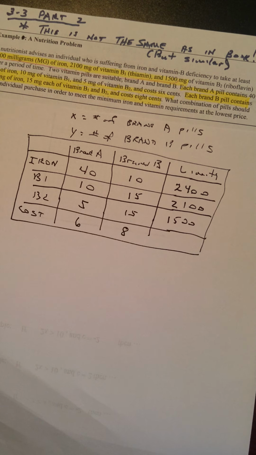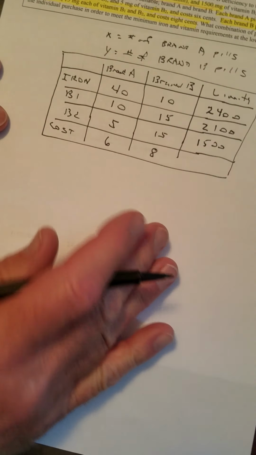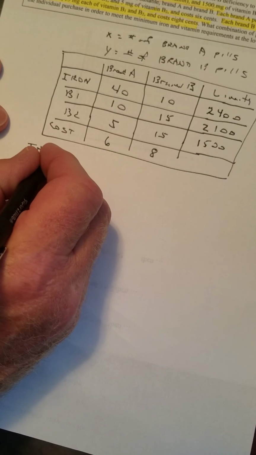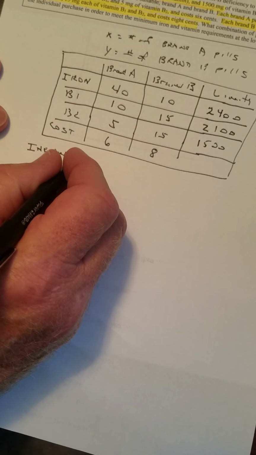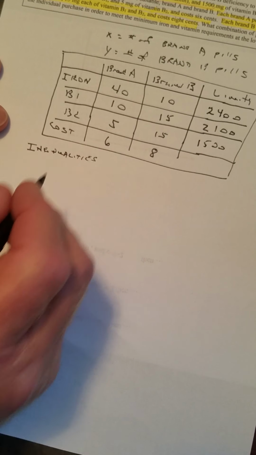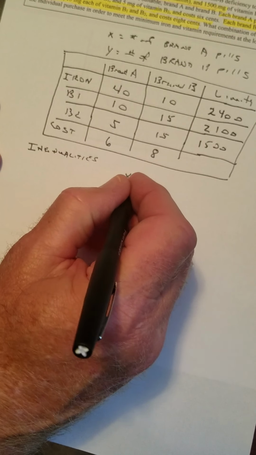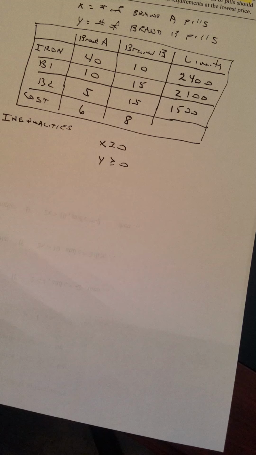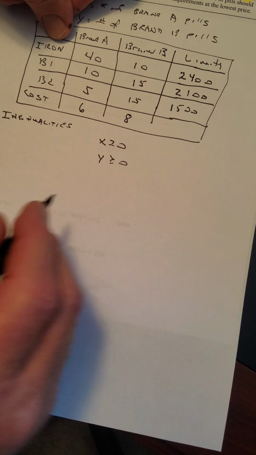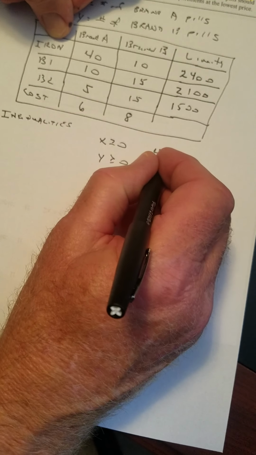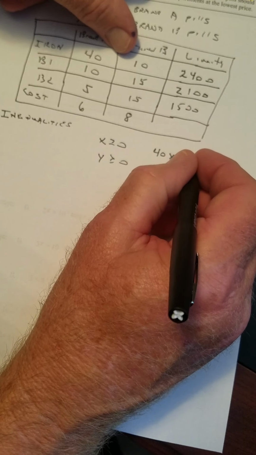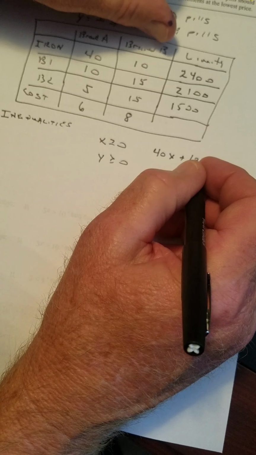And at this point, I can come up with my inequalities. Okay, so you know you're going to have x greater than or equal to 0, y greater than or equal to 0. That's always going to be the case. Okay, and then if you look at the top line here for iron, that's going to be 40x plus 10y.